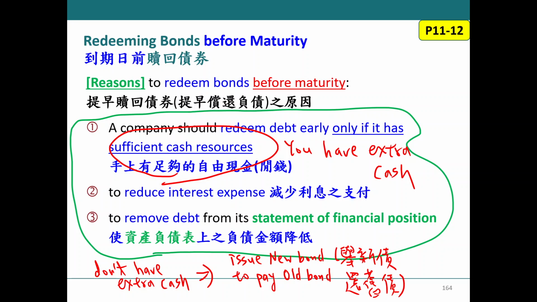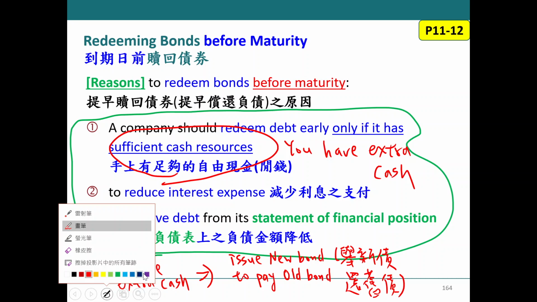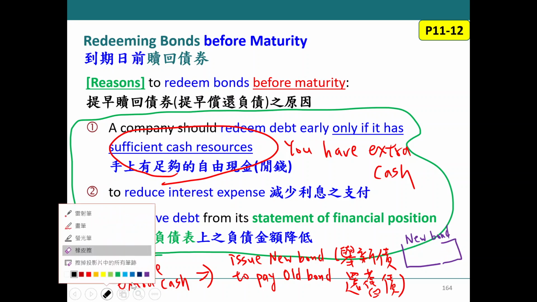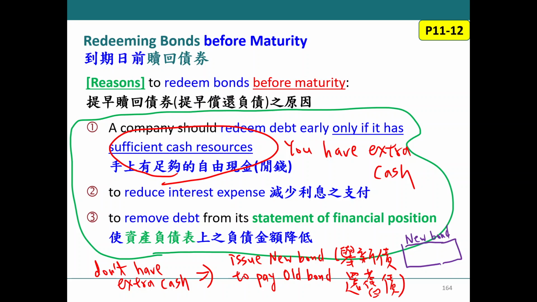Okay? So it means what? Your new bond market interest rate should be lower than before. Maybe 8%. But your old bond, for example, market rate 10%.